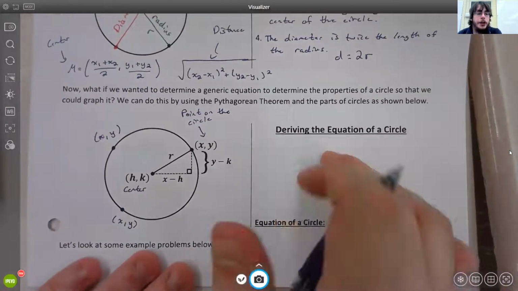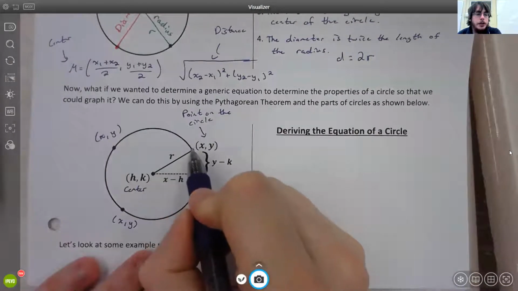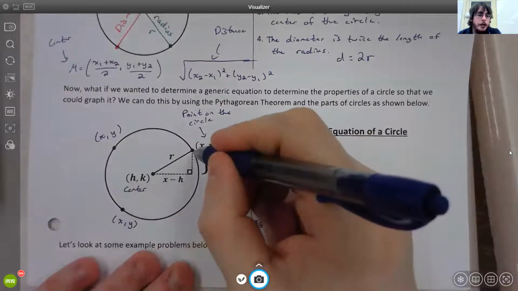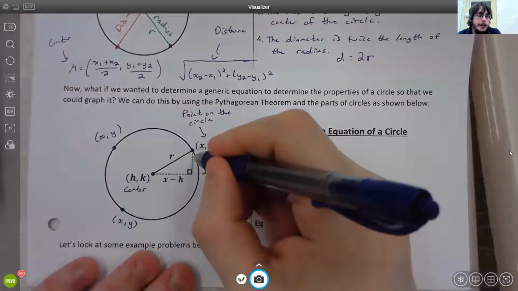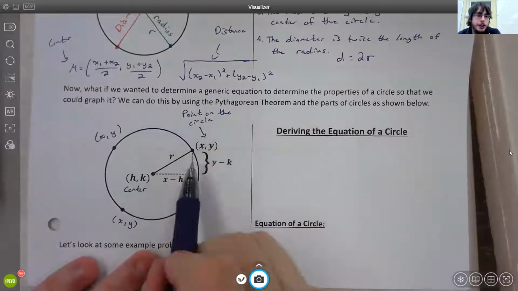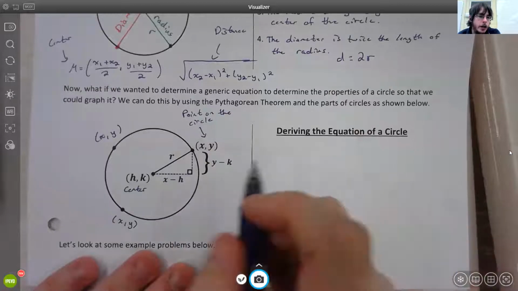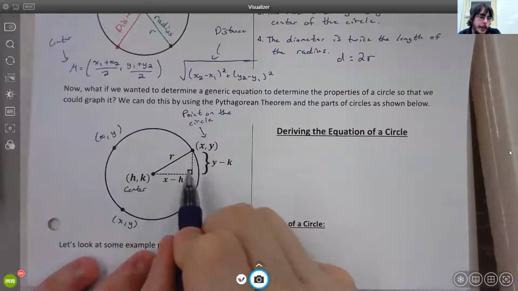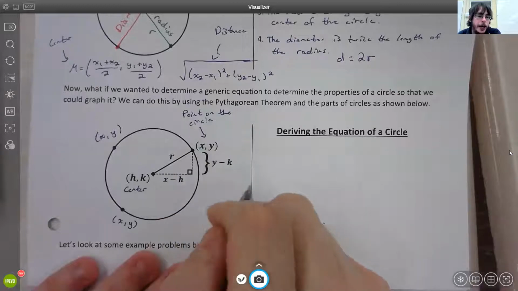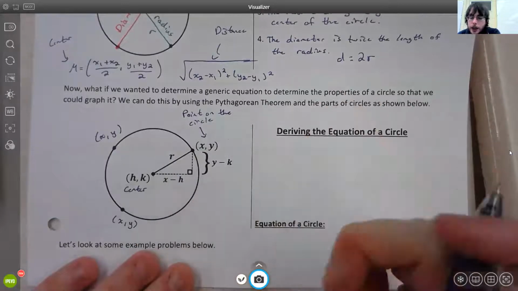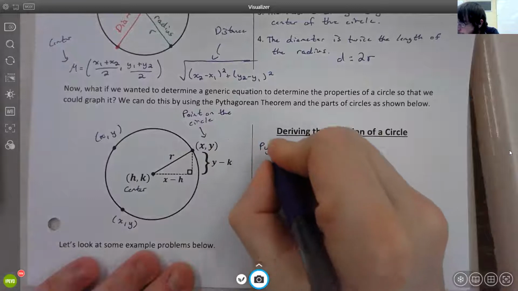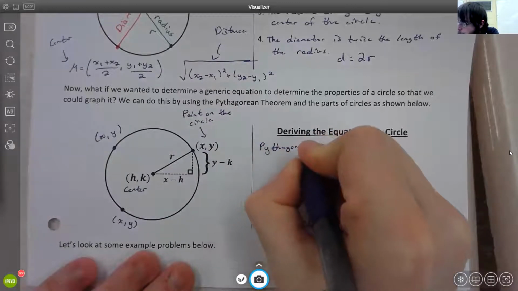Now, if you'll notice here, we also have the radius. And when we draw a vertical line that extends downward to where the center is, and we draw a horizontal line from where the center is, we see that we form a right triangle here. Now, remember that a right triangle always has to satisfy the Pythagorean theorem.